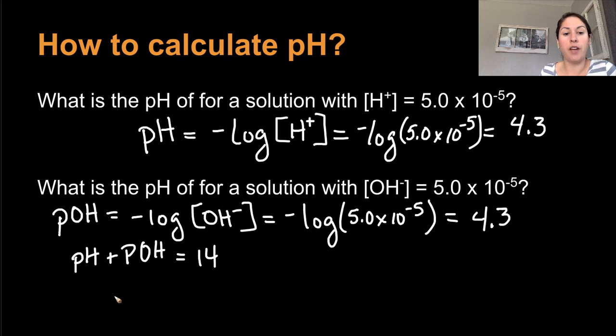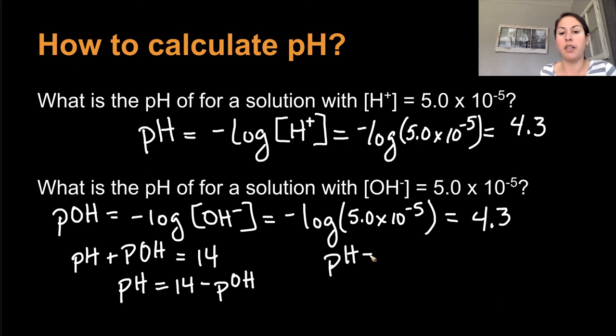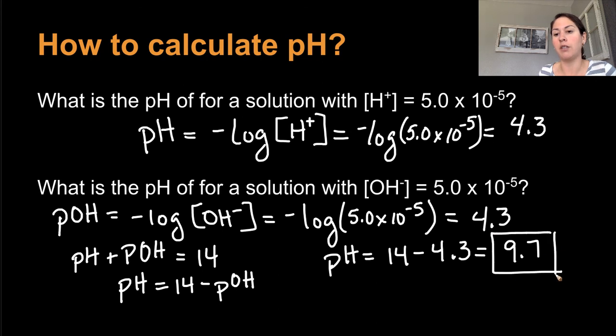So if I want to find pH, I'm going to take that 14 and subtract from that my pOH. So for this one, my pH value should be 14 minus 4.3, and that is going to be 9.7, which is going to be a basic solution.